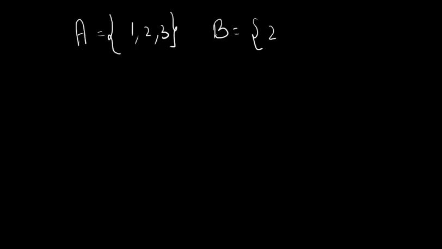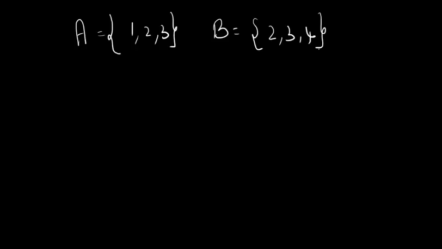Okay, so let's see that. What do I mean? Let's say, for example, I take A, and the elements of this particular set are 1, 2, and 3, and I'm going to consider one more set B. Let me consider the set B as 2, 3, and 4.